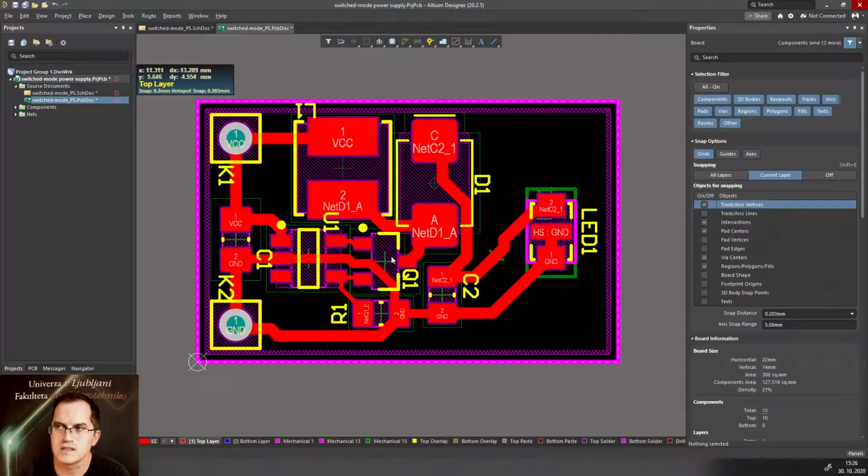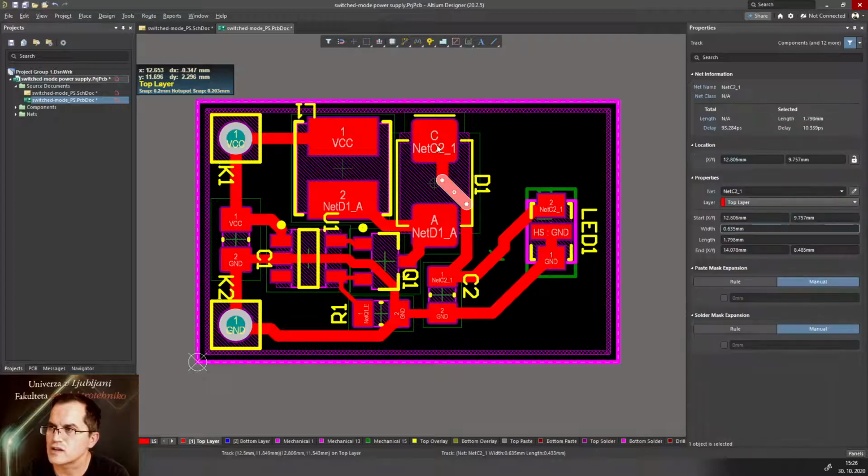The switching node is in the middle. The area of the loop which is actually containing high frequency current is this one here, from the transistor upwards, diode back, output capacitor here back, and further.